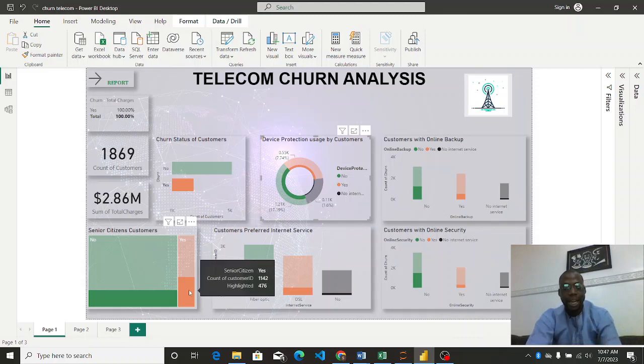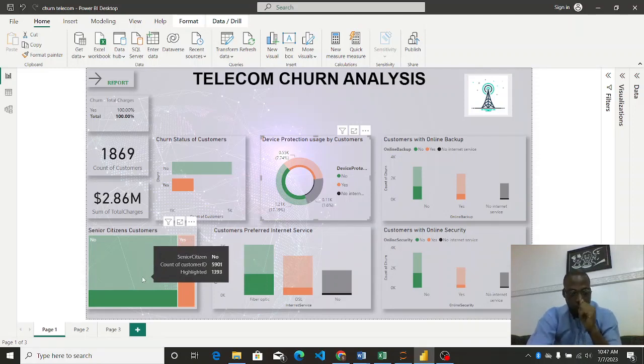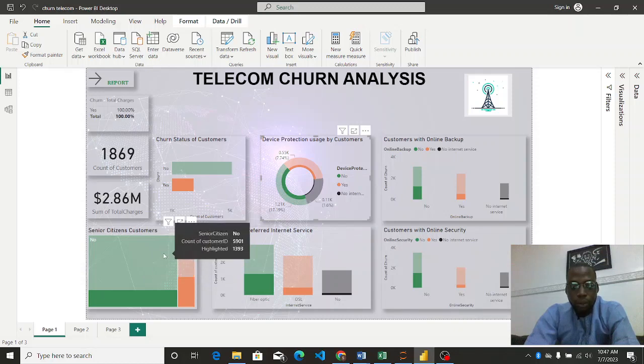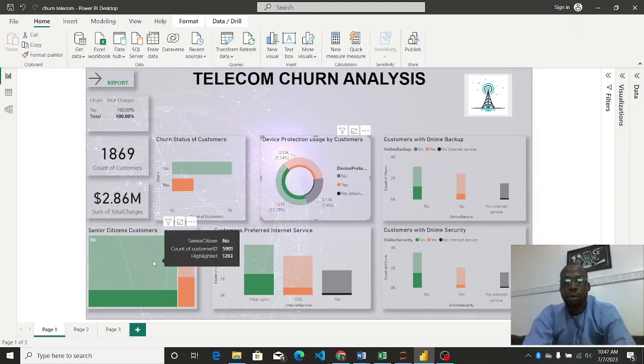You can see that fewer senior citizens churn the organization than junior citizens or youths. So now, from these youths, we want to know what could be the reason for their churning, because our main focus is going to be tilted towards the youth, because more of them churn the organization than senior citizens.